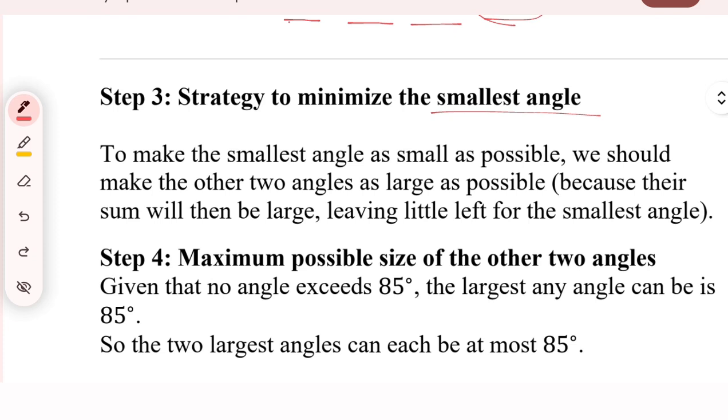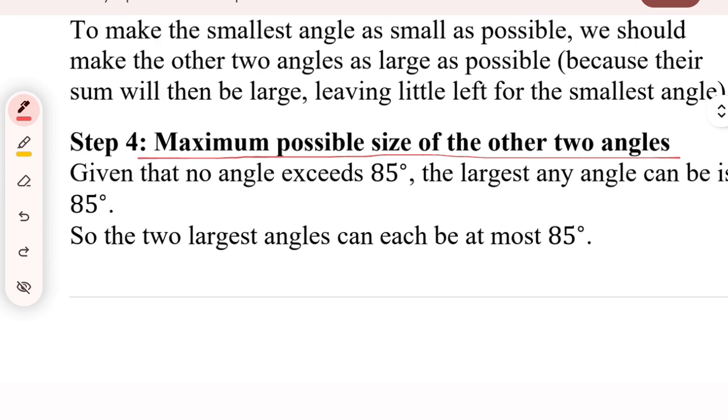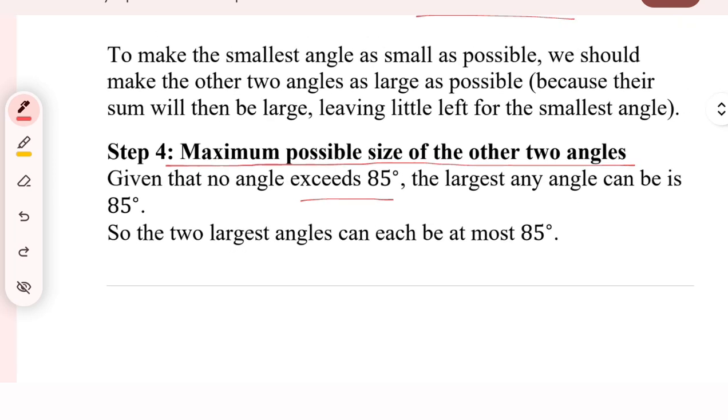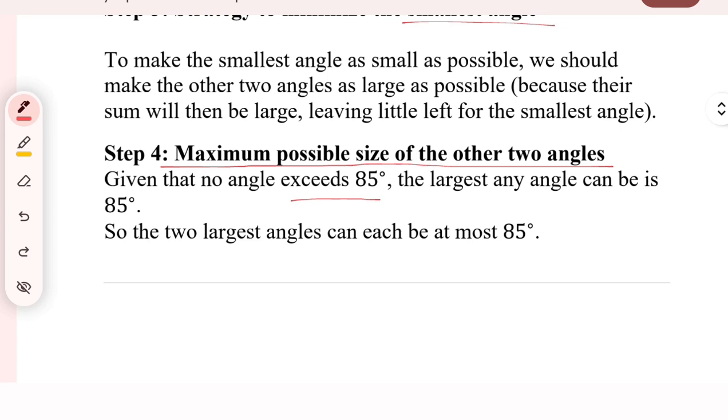So how do we find the value of the large angles? We will take the maximum possible size of the other two angles. Given that the maximum angle cannot exceed 85, the largest angle that we can have is actually 85.